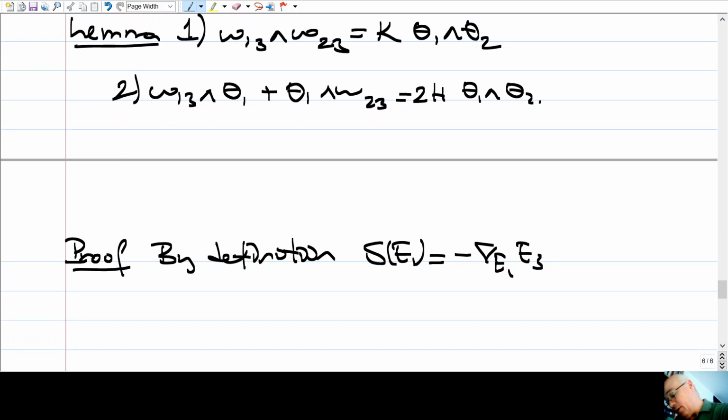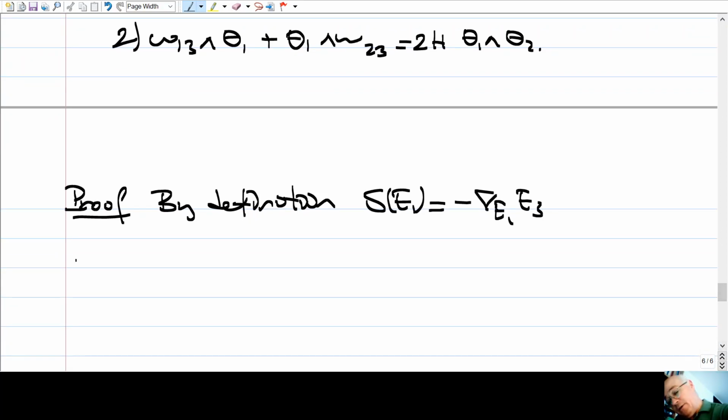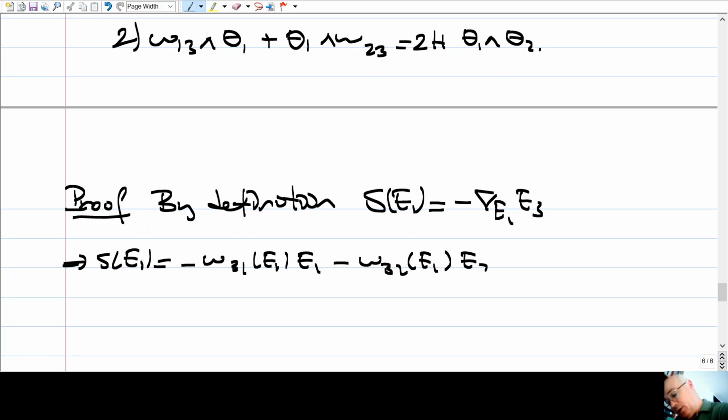This E3, remember, is the vector U, the unit normal vector. Therefore, S of E1 is just what? This is minus omega 3 1 of E1 times E1 minus omega 3 2 of E1 times E2.